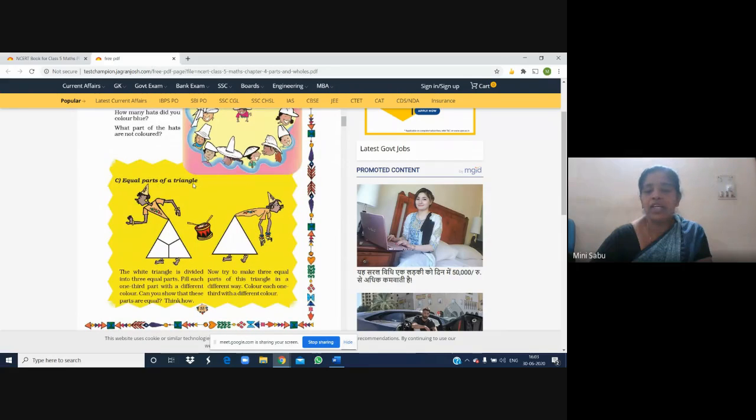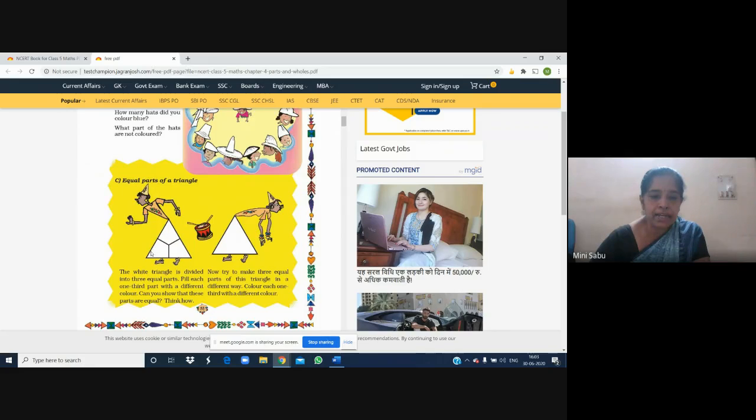Then there is question C. Equal parts of a triangle. Here there is a beautiful picture. One girl maybe dancing, and a drum is also kept. Okay, here the white triangle is divided into 3 equal parts. See the white triangle, her skirt, is divided into 3 equal parts.